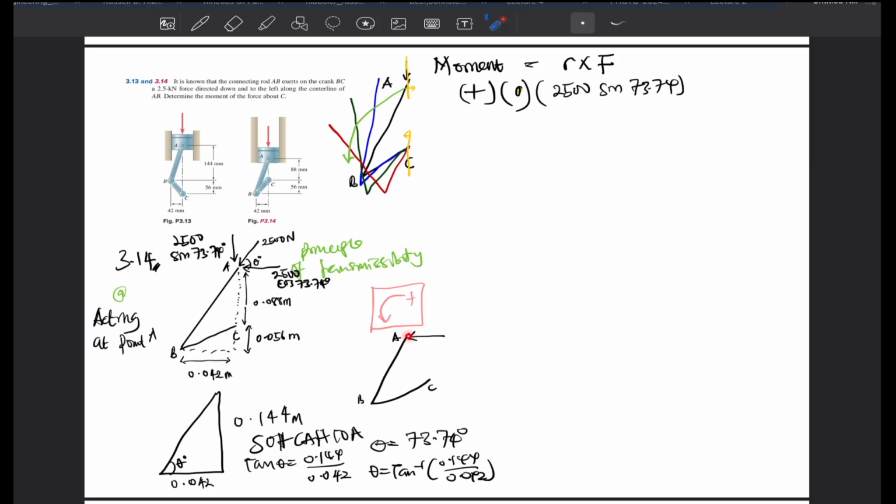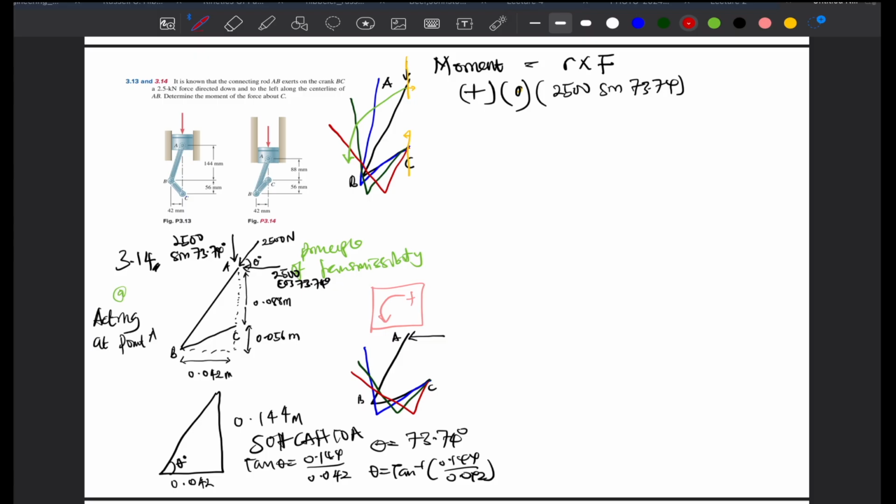Like we said before, this is body ABC, and we have a force acting horizontally at A. We can see that the body will tend to move this way from this initial position, then this way, then this way.